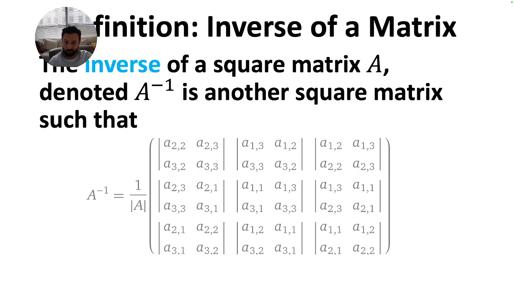Here is a part that I would like to stop and mention: notice how when the determinant of the input matrix is 0, this division cannot be calculated, and therefore there's no coming back.